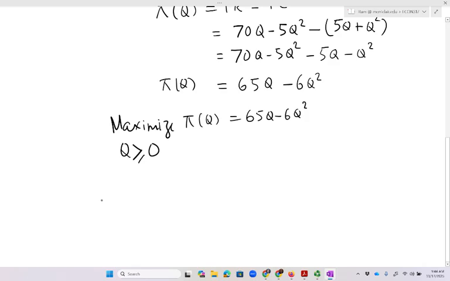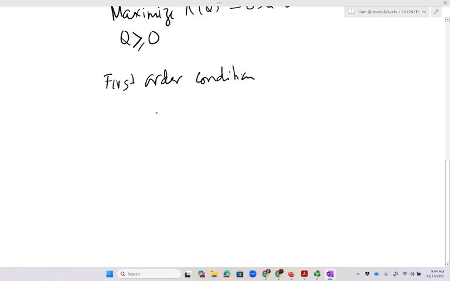For the solution, we will first write down the first order condition. So the derivative of the profit with respect to Q will turn out to be, first term is 65Q, so the derivative will be 65. Second term is 6Q square, so 6 times 2Q, which is 65 minus 12Q.